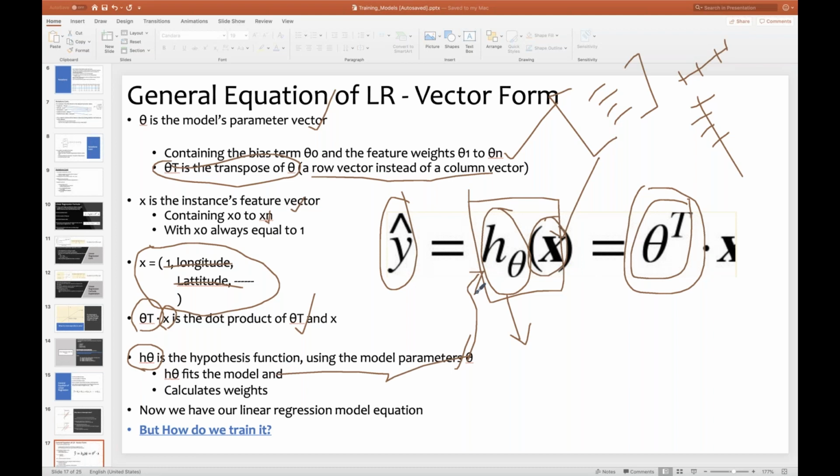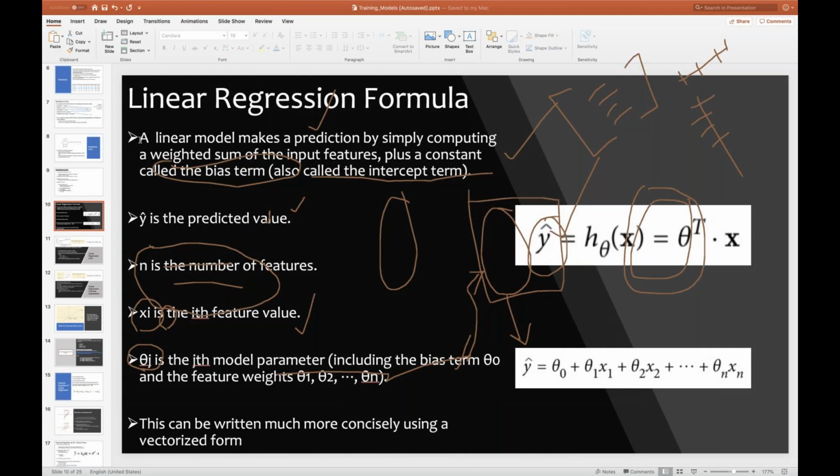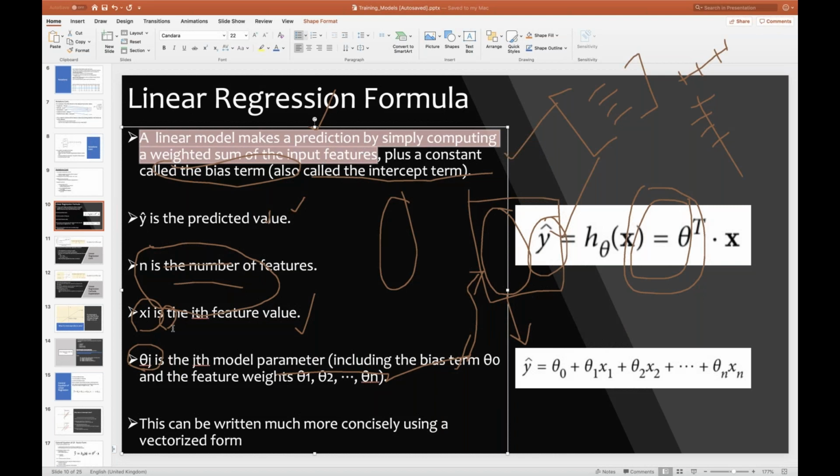When I say weights, again, go back to the linear regression formula I just explained. What did I say? Linear regression is the sum of the input weights plus a bias term. Let me go back there. Give me 1 second. I'll take a pointer now. A linear model makes a prediction by simply computing the weighted sum of the input features.